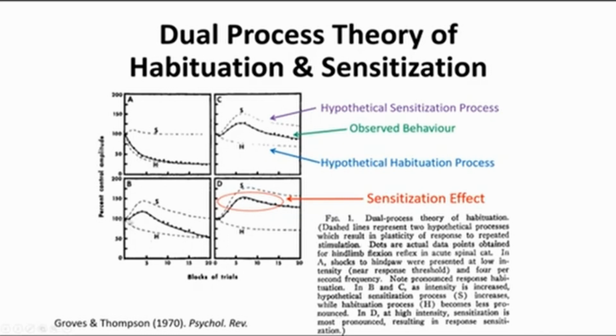What's changing here, what's driving the change in the observed behavior, is actually a difference in that sensitization process curve, where that sensitization process gets larger and larger as the magnitude of the shock increases. And as that goes up, that's going to drive up our observed behavioral response because our habituation process really isn't changing all that much. So that's how we would interpret this data here. And that's the difference between a habituation effect and a sensitization effect with real data.